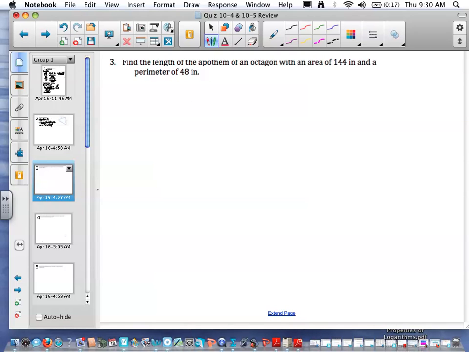Number 3 says find the length of the apothem of an octagon with an area of 144 inches and a perimeter of 48. So again, I'm going to the formula. The area is equal to 1/2 the apothem times the perimeter, and I will substitute in the information I have. The area is 144 inches squared, and that's equal to 1/2 the apothem times the perimeter, which is 48.